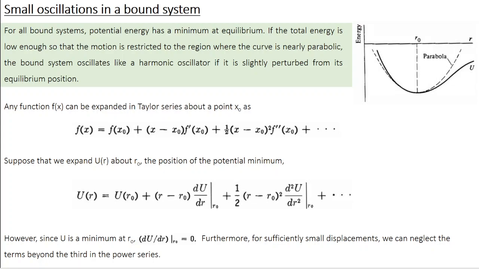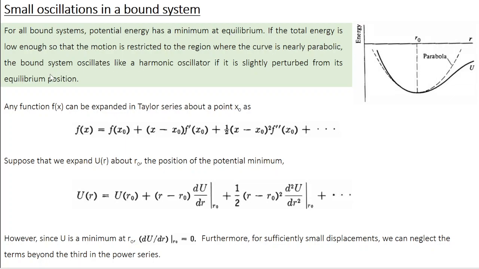At the equilibrium position, potential energy has a minimum point, and this is true for any bound system. So for any bound system, the potential energy has a minimum at the equilibrium position. That's why we call this equilibrium position the stable equilibrium position.